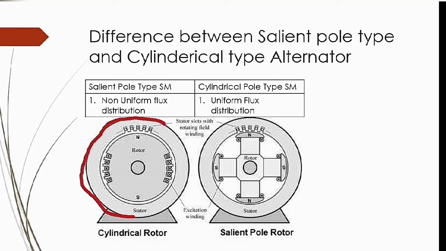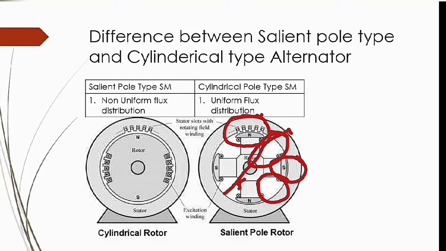You will see the same air gap here, here and here, with no change. Here in the salient pole the air gap is less under the pole, while in the quarter form the air gap is large, then less, then large, then less, then large. That means it is a pattern. This place is called the pole shoe.